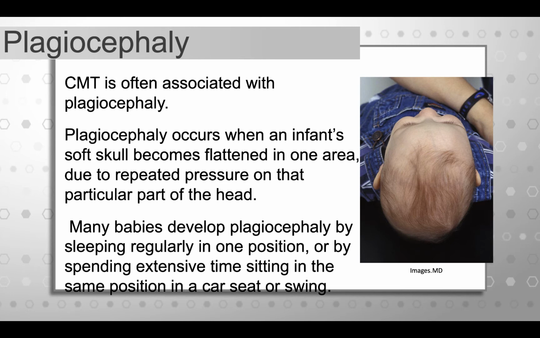So they're likely going to flop one way or another. And if they're continually positioned in the same way, in the same containers, or on their back all the time, that may start to develop flattening on the back of their head, which then leads the sternocleidomastoid to tighten up. So this is a big issue.